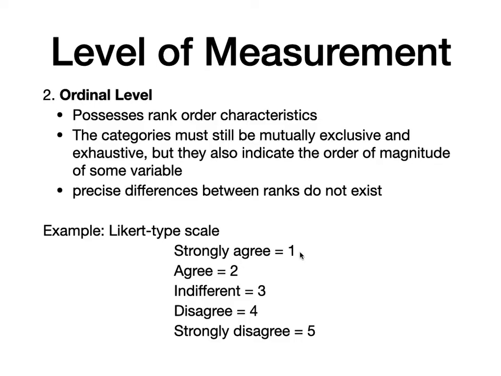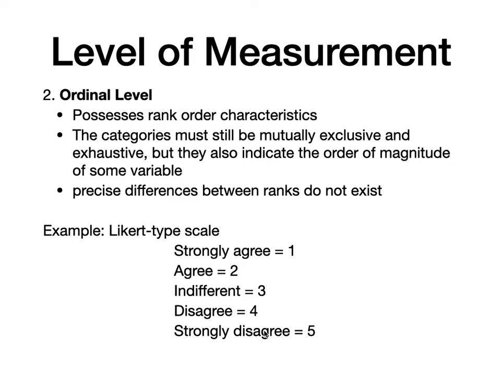Here, one may be used to denote strongly agree, two for agree, three for being indifferent, four for disagreeing, and five for being in strong disagreement with the statement. So the numerical values here would follow a certain ranking or hierarchy. The lower your score, the stronger is your level of agreement. However, the higher the score, the higher degree of disagreement you have with the statement.